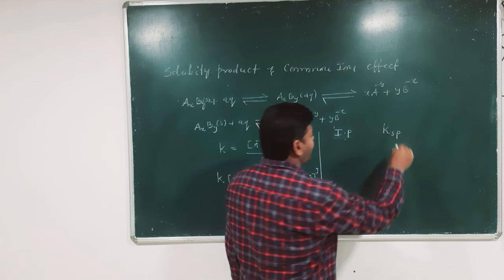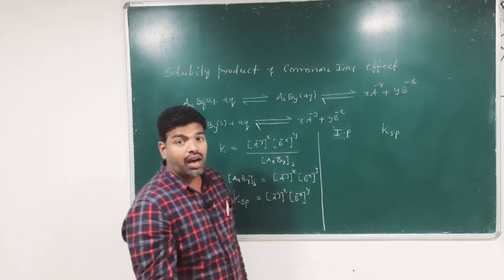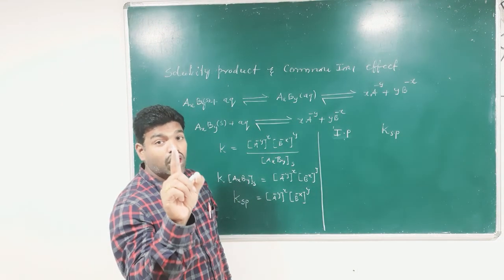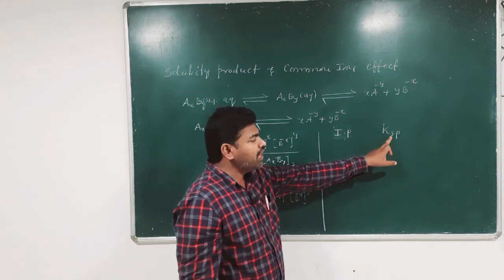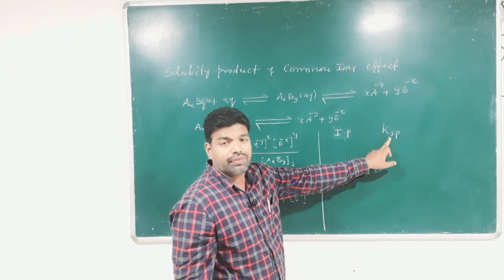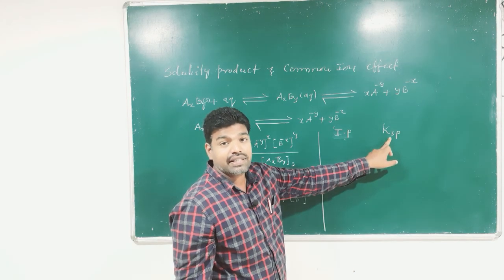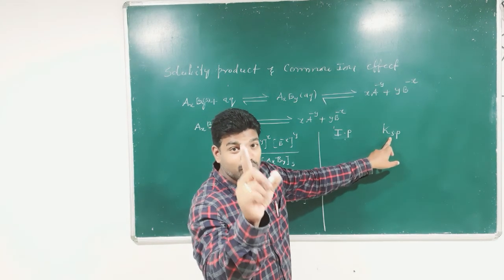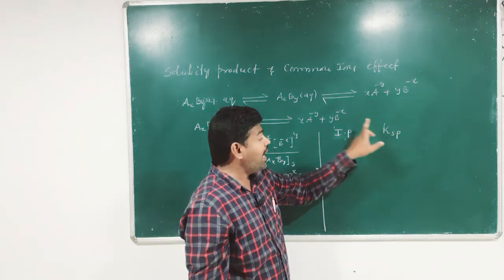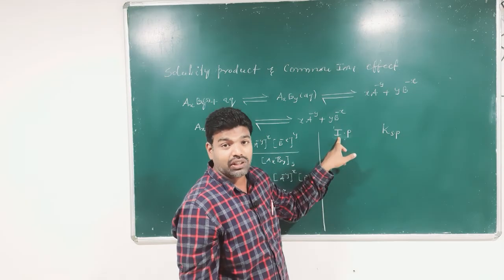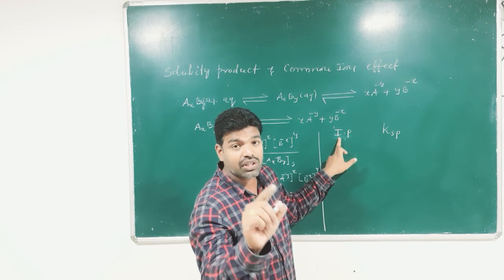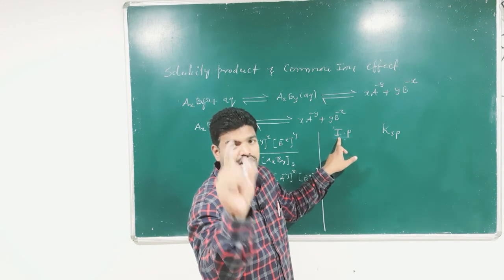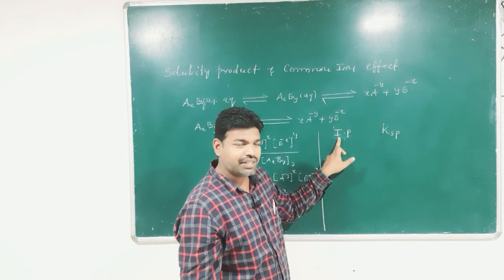There is a difference between ionic product and solubility product. Solubility product is a product of ionic concentrations in a saturated solution, but ionic product is a product of ionic concentrations either in saturated solution or in unsaturated solution, right.